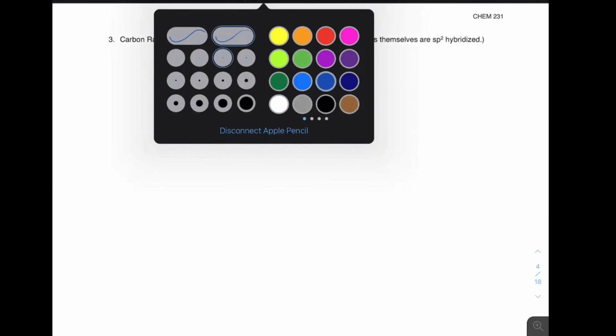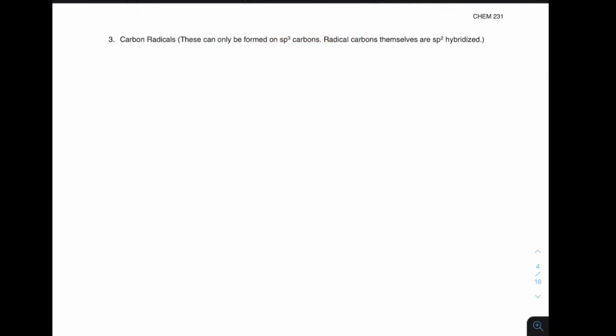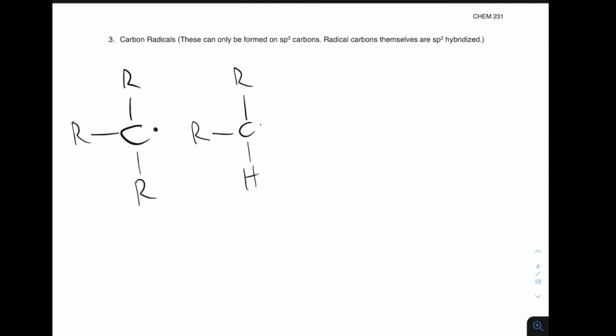So now we're going to look at carbon radicals. Carbon radicals are actually going to behave in the same way as a carbocation, where the more carbons attached, the more stable the carbon radical is.